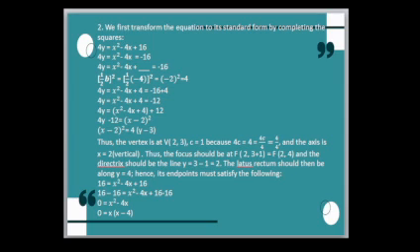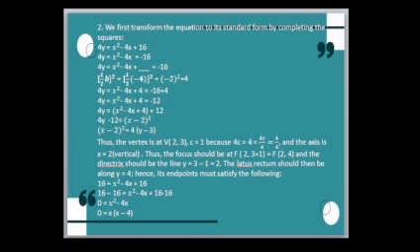Thus, the vertex is at 2 and 3 because in our formula we have x minus h squared is equal to 4 times c times y minus k, and that's case number 1. We have x minus h squared is equal to 4c times y minus k.